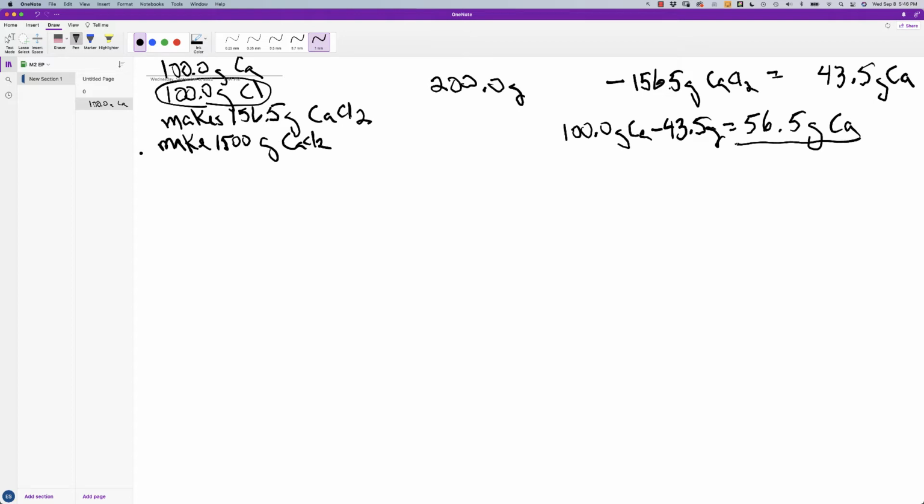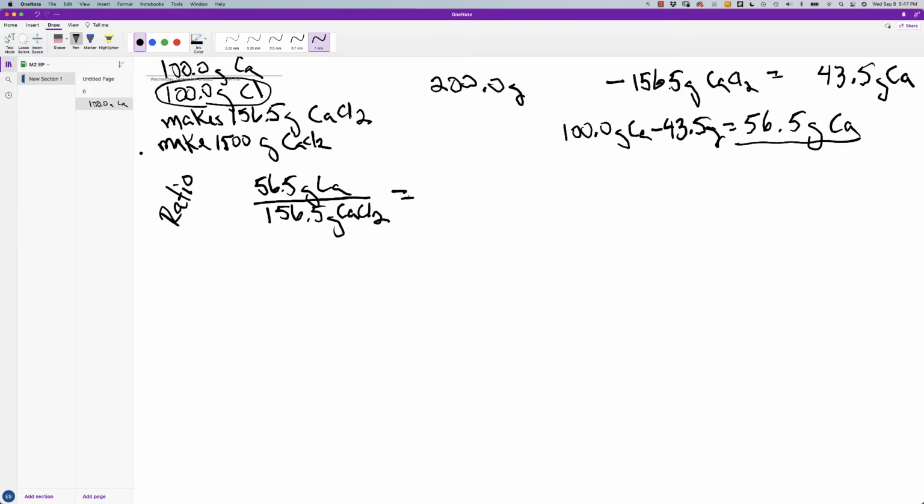Okay. Now, the way I have it set up here, we're going to take a look at finding the answer using a ratio, which is going to be important because we'll use this a lot when we get into stoichiometry. So we just set up a basic ratio. We have 56.5 grams of calcium used for 156.5 grams of calcium chloride.